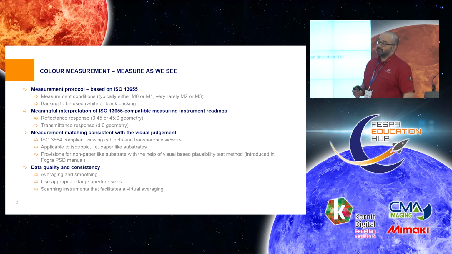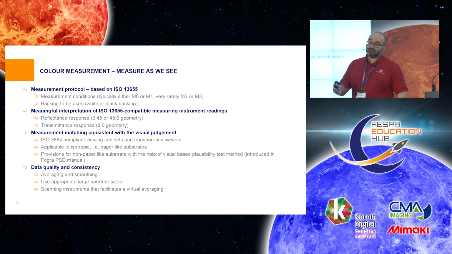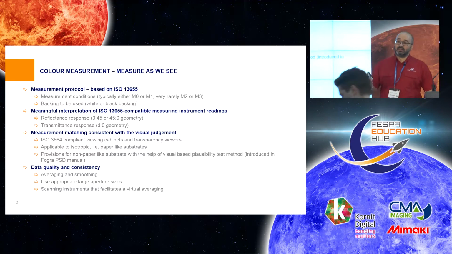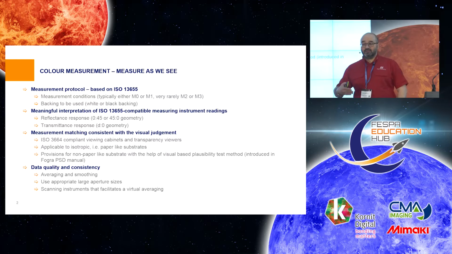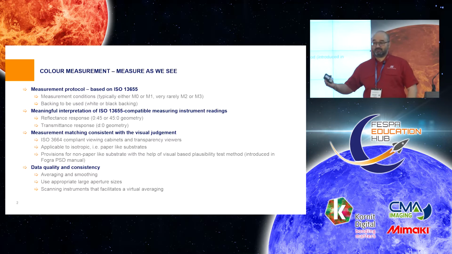Non-paper-like substrates, technically, we can treat them like paper ones. A non-paper-like substrate means it has specific properties that require a specific approach when establishing the metrological protocol. In the Fogra specification for large format printing, which I presented yesterday, I said that typically we can apply the same metrological protocol that we use for paper-like substrates to non-paper-like substrates, when they are able to pass the so-called visual plausibility test.